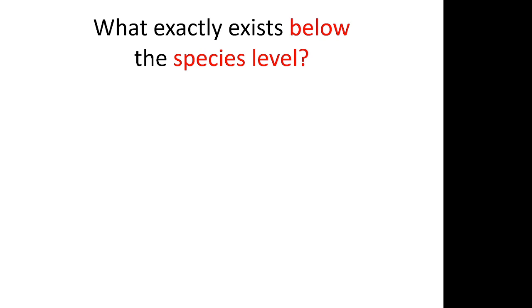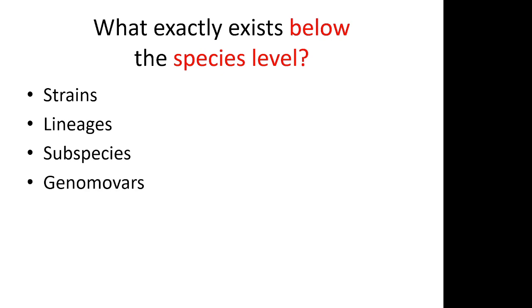So I keep talking about strains, but I'm not a microbiologist by any means, and strain for me is a strange concept from a computer processing point of view. I keep seeing names such as strains, lineages, subspecies, genovars, and other names.